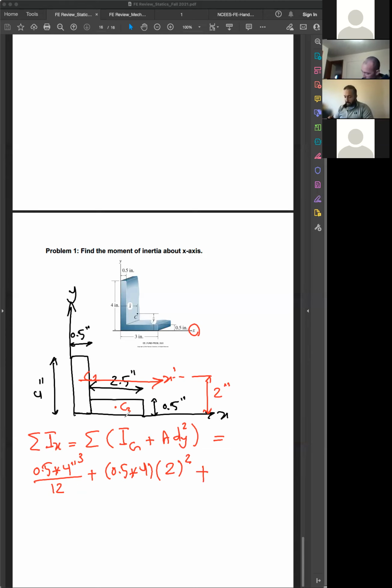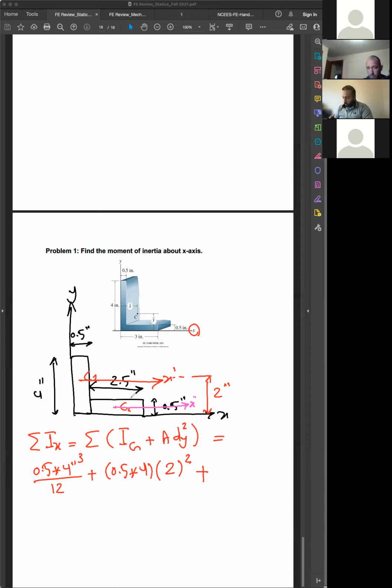For the small rectangle, you are focusing on the axis passing through the centroid of the local figure that you are focusing on right now. All right. So what is the moment of inertia about x double prime?